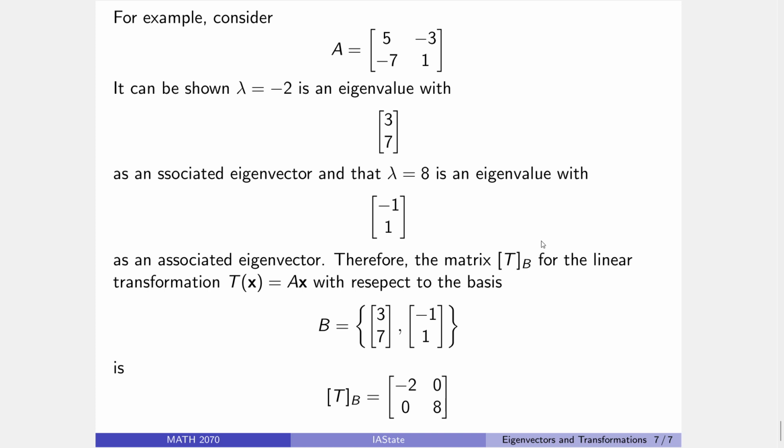So its matrix here is this diagonal one. So if you have a linear transform generated by multiplying by a matrix, you can get the coordinate matrix with respect to the basis from the eigenvectors by just getting the eigenvalues.